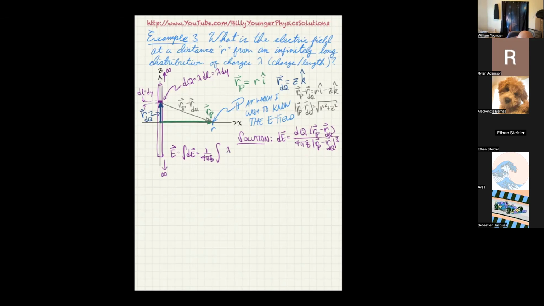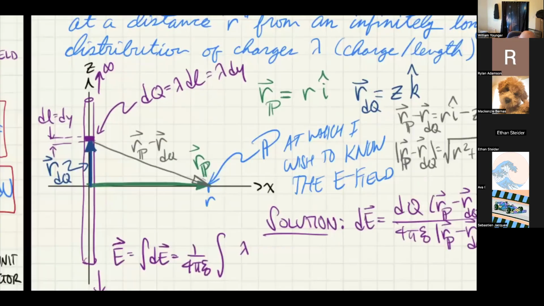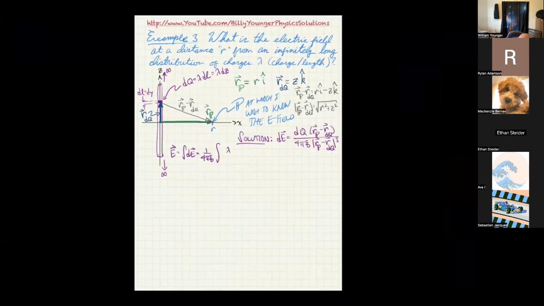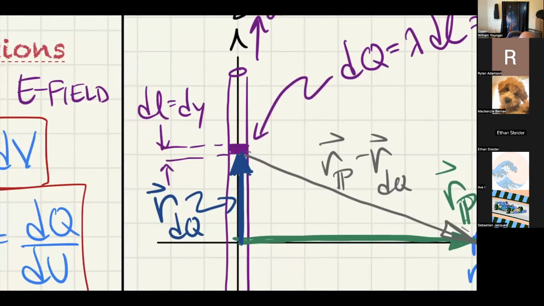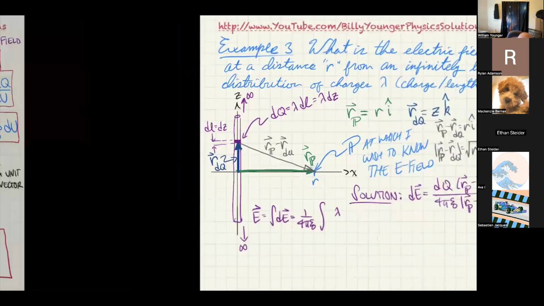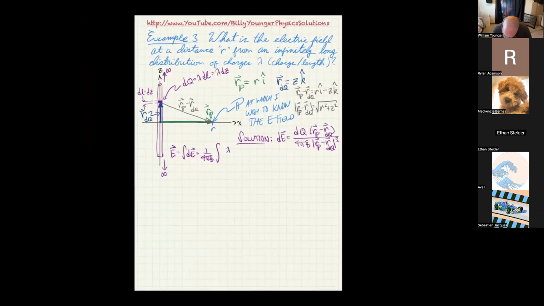That's supposed to be lambda dz. Everybody catch that? This is supposed to be lambda dz, not dy. And that means over here, this is supposed to be lambda dz, not dy. I think that's all the places where I screwed it up.